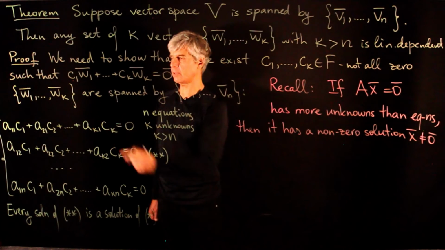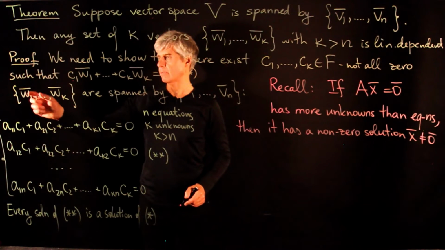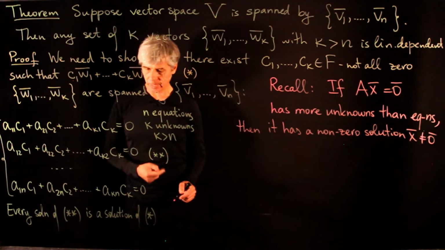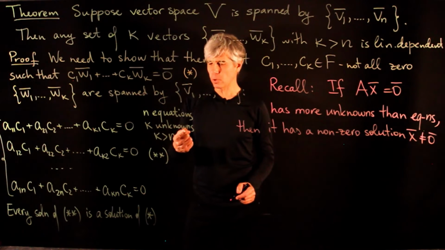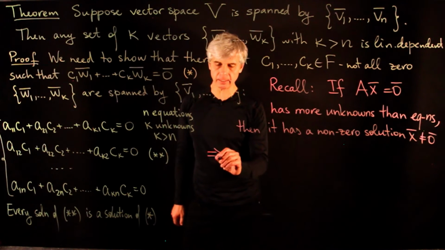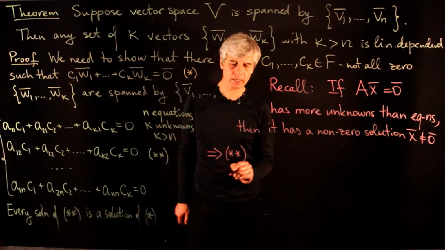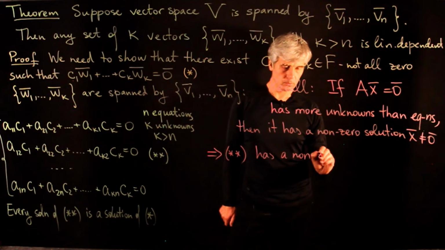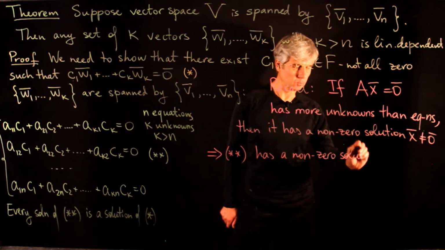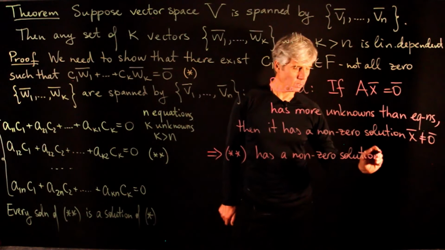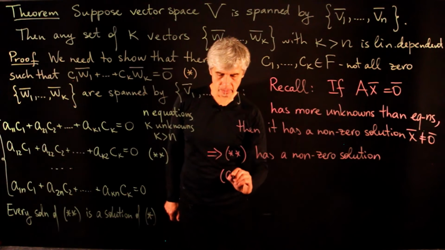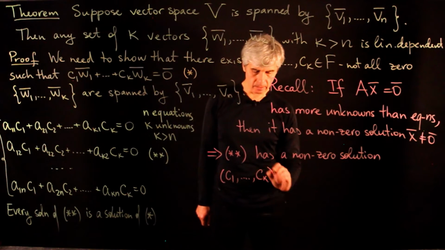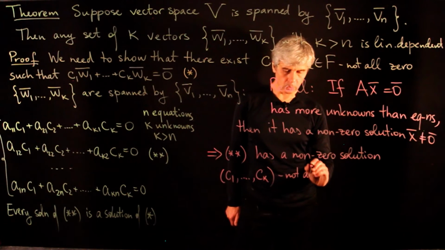Here all the a coefficients are fixed from decomposing the w vectors in terms of linear combinations of these, and the unknowns are the ci's. And here we have more unknowns than equations. So this tells us that this system of linear equations star has a non-zero solution, where c1 through ck are not all 0.